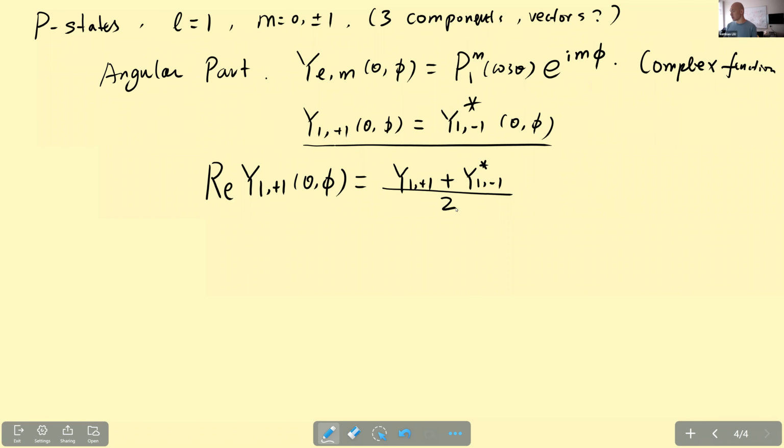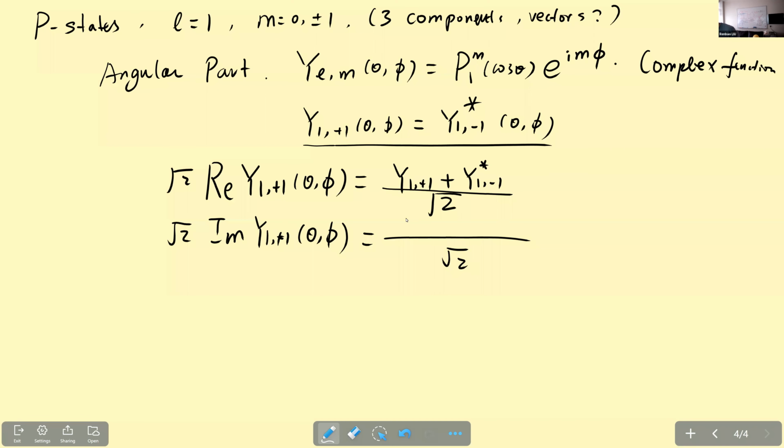And if we want to make this one normalized, we wish to put a square root of 2 like this one. Okay. Right. So that's the real part. Okay. And then you can also consider the imaginary part. Okay. So that will equal to square root of Y_1,+1 minus Y_1,-1. Sorry, there's no complex conjugate right here. Sorry.